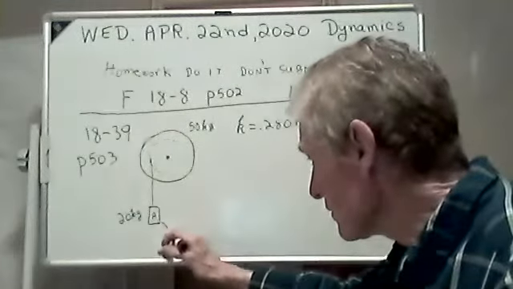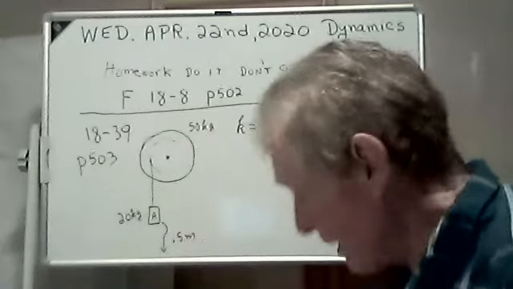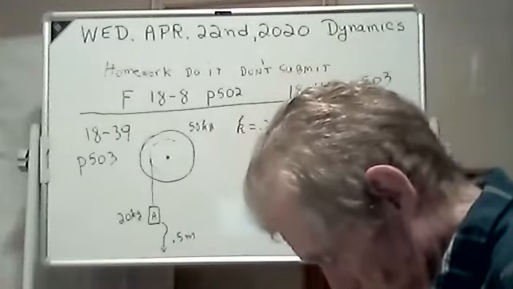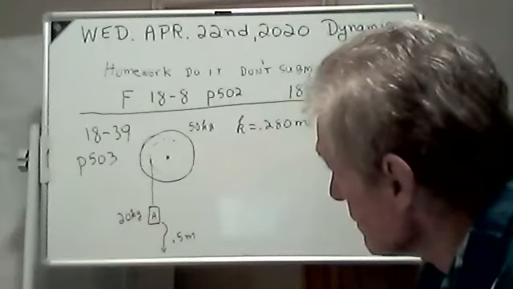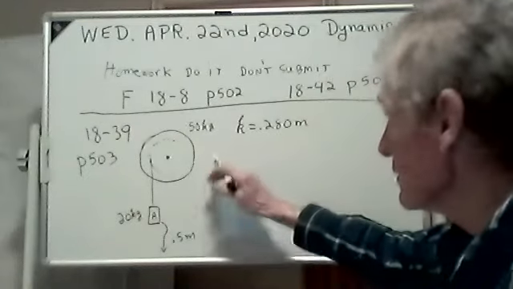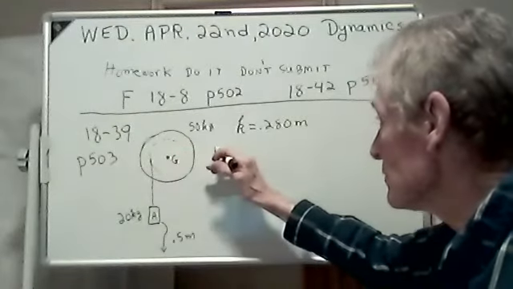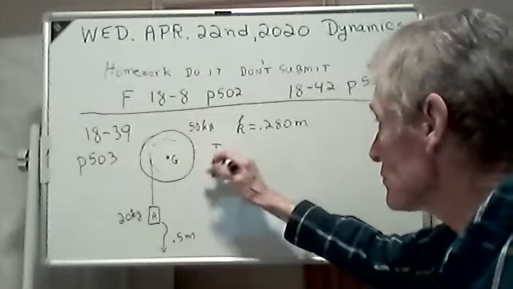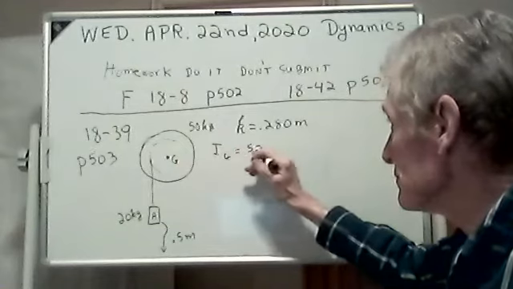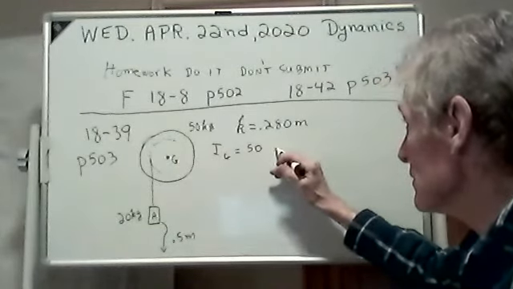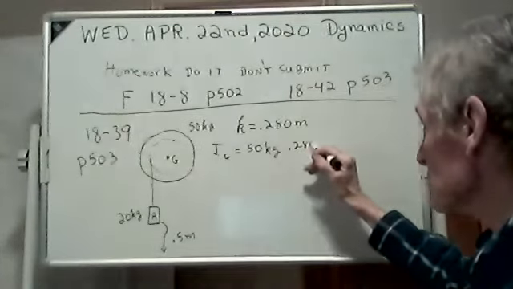See, this block is going to go down 0.5 meters, and we want to find its velocity. All right. Now we're going to need the moment of inertia about G, and it will be 50 times 0.280 meters squared.